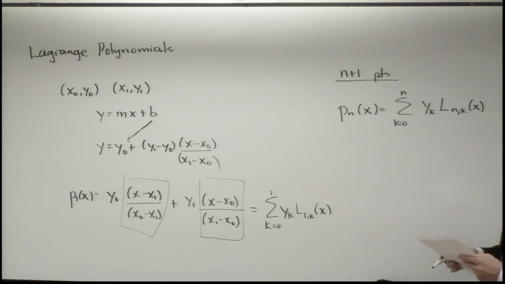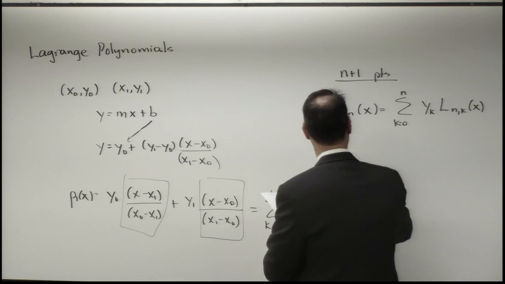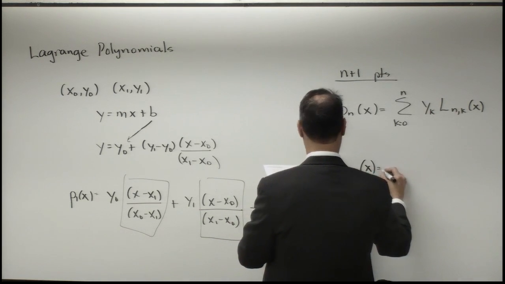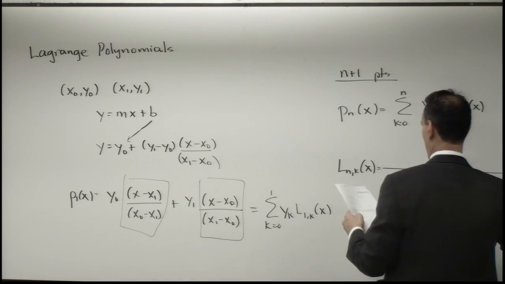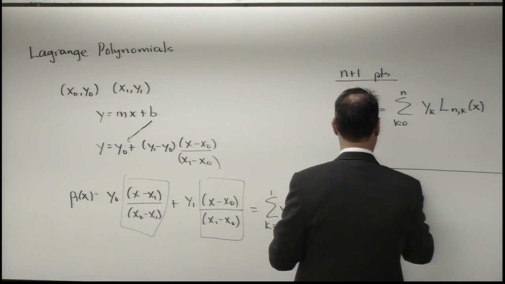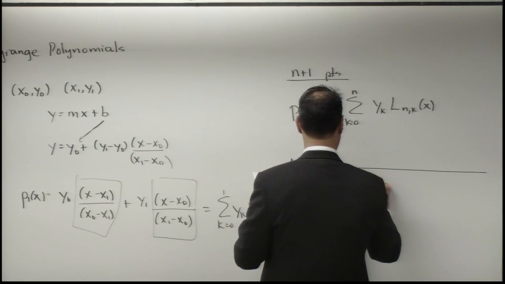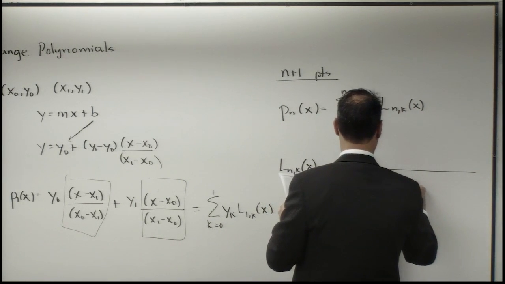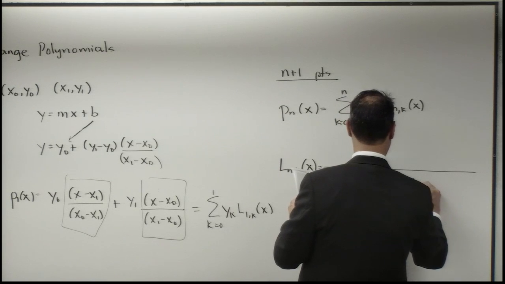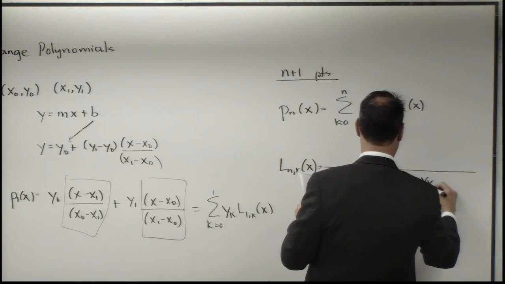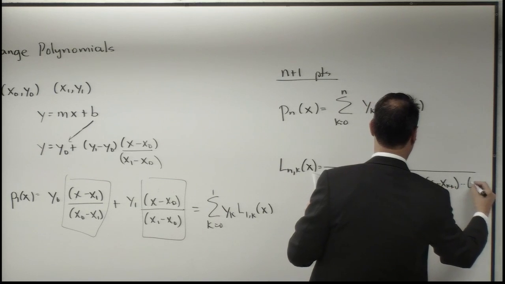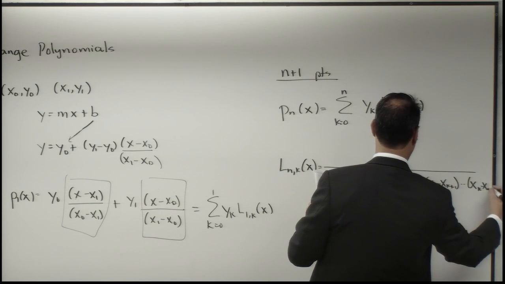Well, let me write down the formula for them, and we'll walk it through to make sure you feel comfortable with it. l_n,k of x, which I can define at the beginning of my code, is the following. On the bottom, I have x_k minus x0, x_k minus x1, all the way to x_k minus x of k minus 1, x_k minus x of k plus 1, all the way to x_k minus x of n.